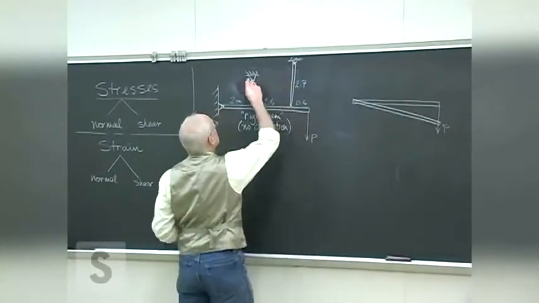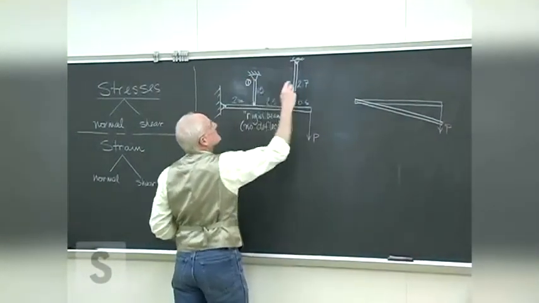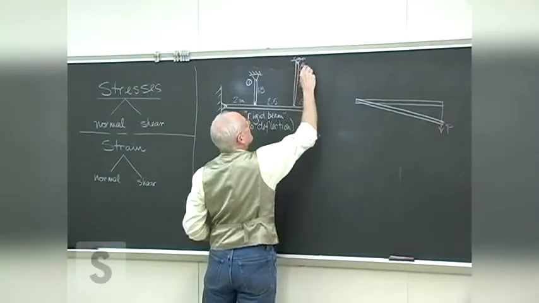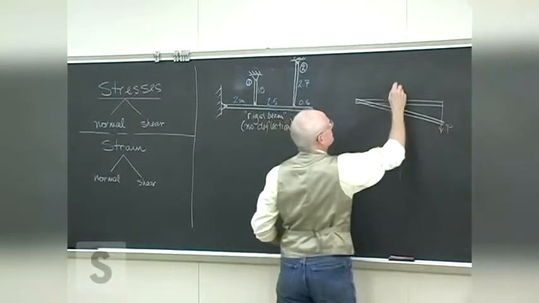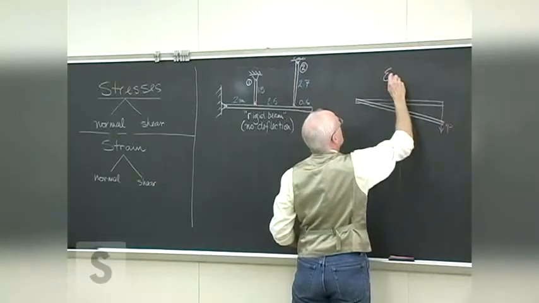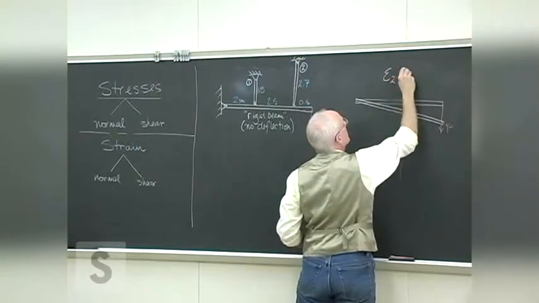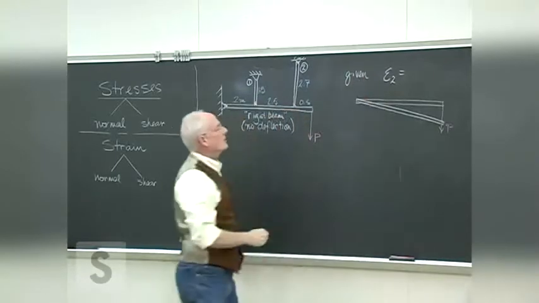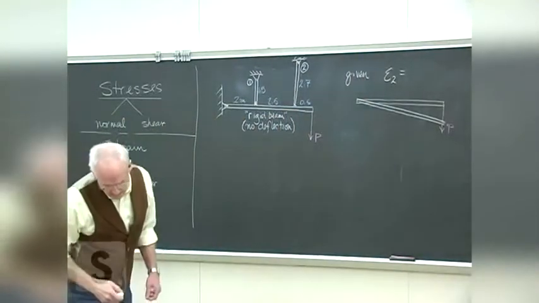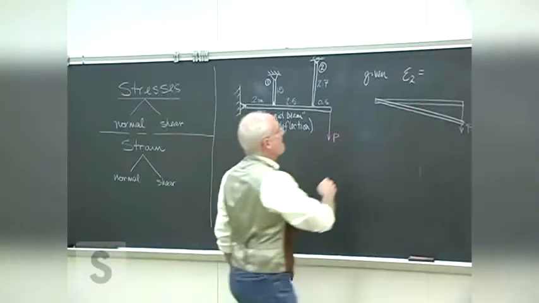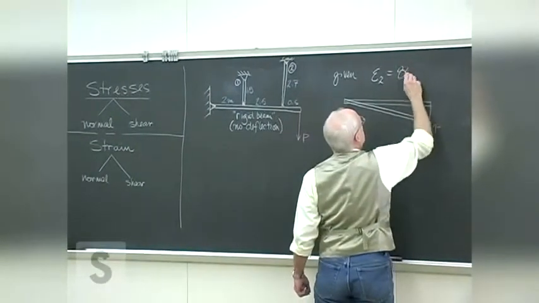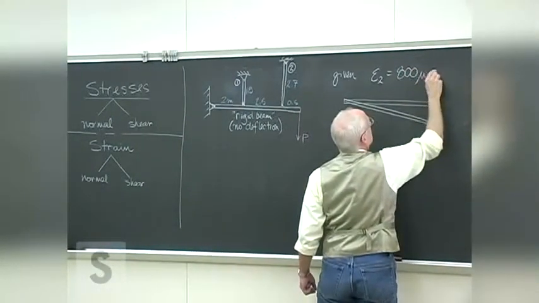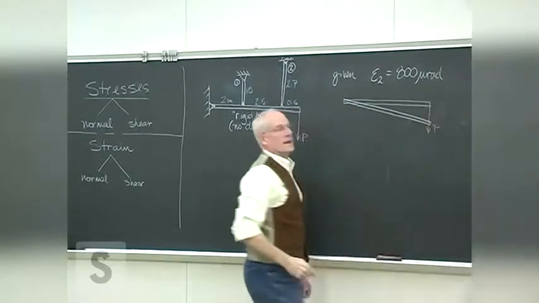All right, we'll call this support 1. This is support 2. And we're given that the strain in 2, the normal strain in 2, is something like 800 micro.